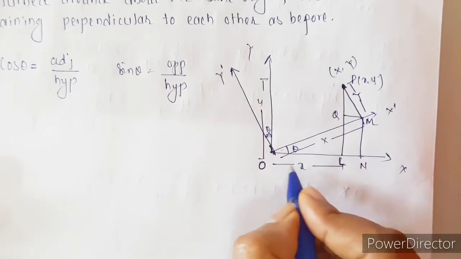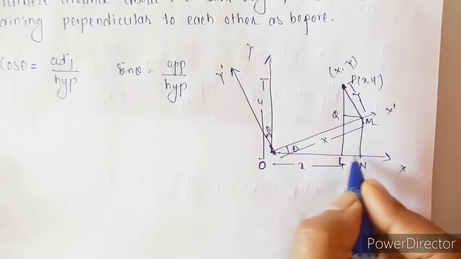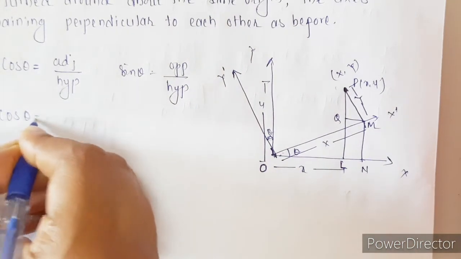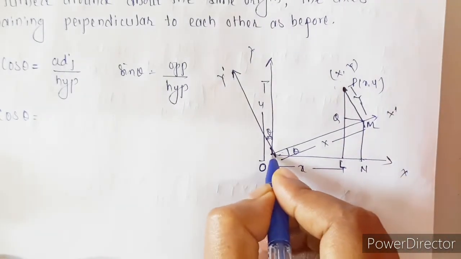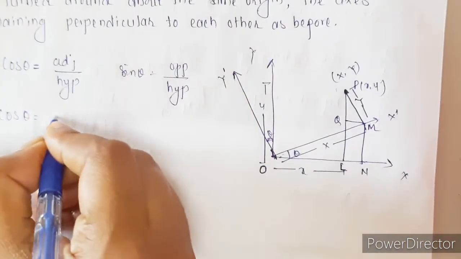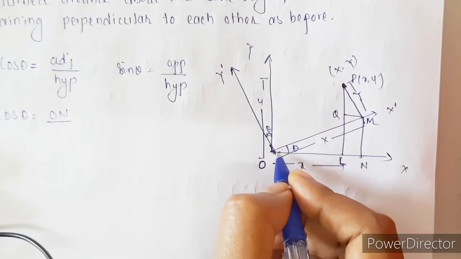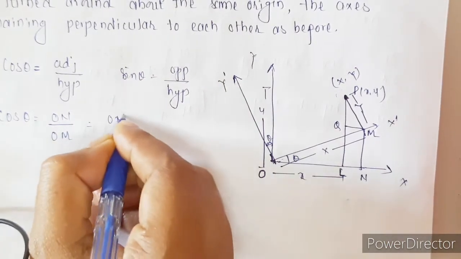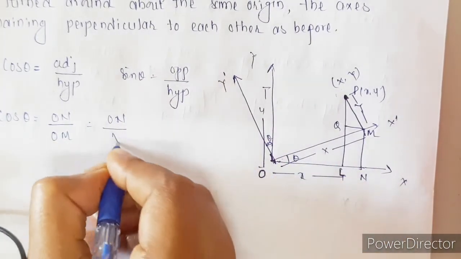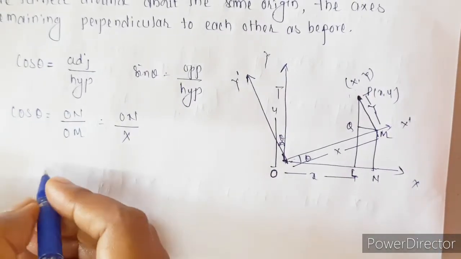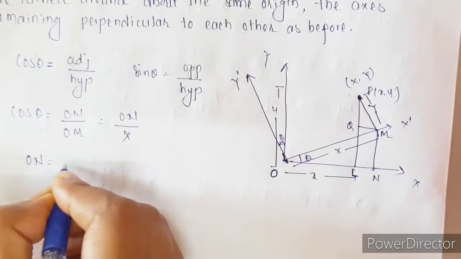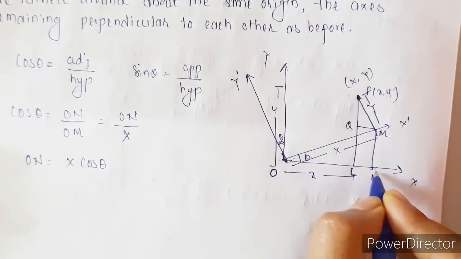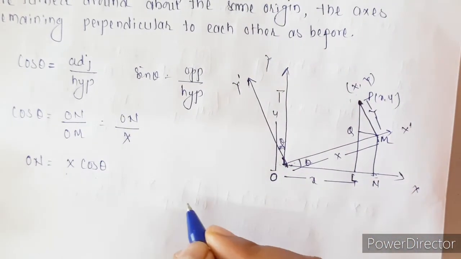Now I want the adjacent side, that is ON, so I can take cos theta. So cos theta is going to be adjacent, that is ON, upon OM. OM is capital X. So we can write ON as X times cos theta. So this distance is capital X times cos theta.